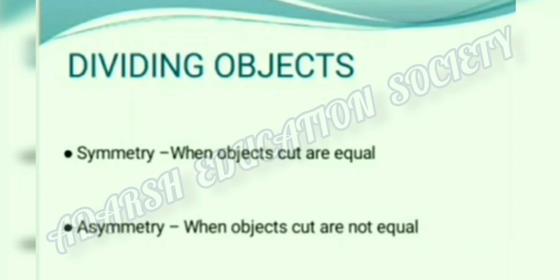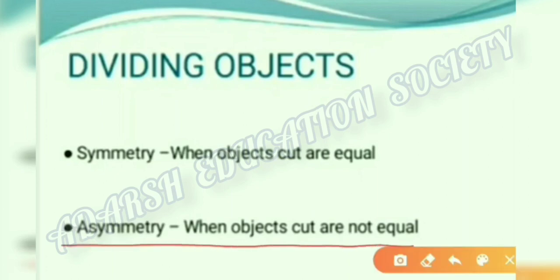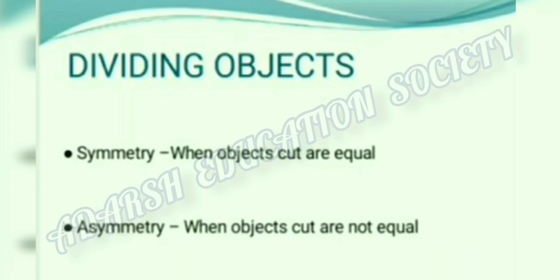If the objects after the cut are not equal, then it is called asymmetry. Asymmetry is when the objects cut are not equal. Okay, we already learned about symmetry in our previous video also. You all know the concept of symmetry.